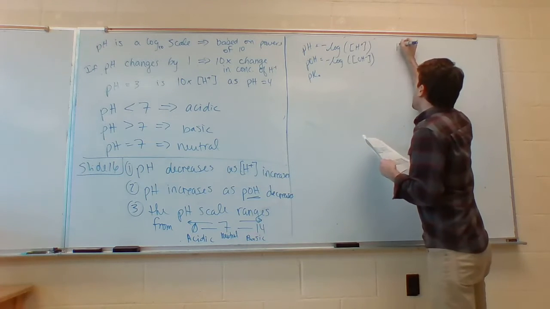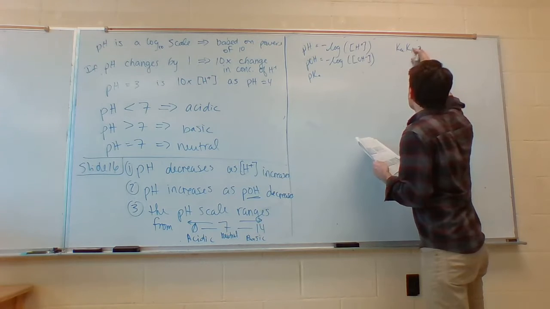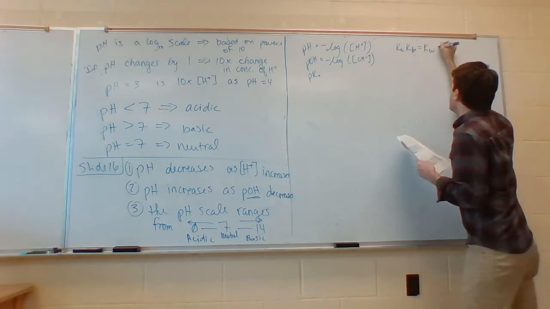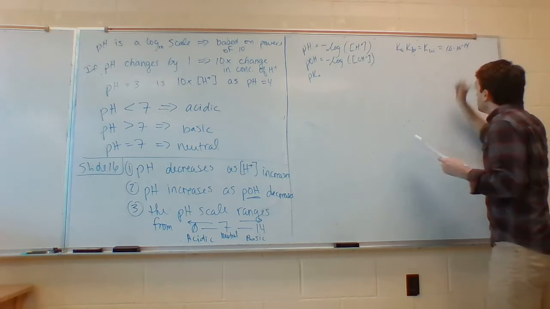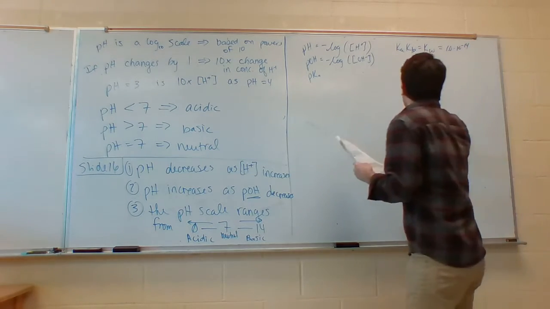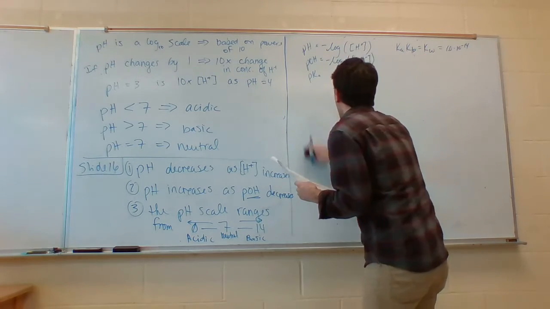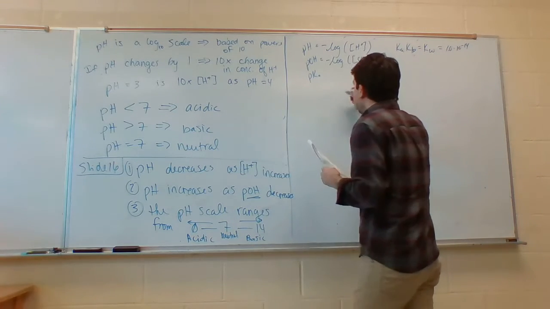You need to know that Ka times Kb is equal to Kw, which is equal to 1.0 times 10 to the negative 14. Okay, and each of those is going to be different depending on what acid or base you're looking at. Okay, so those are some big key takeaways.